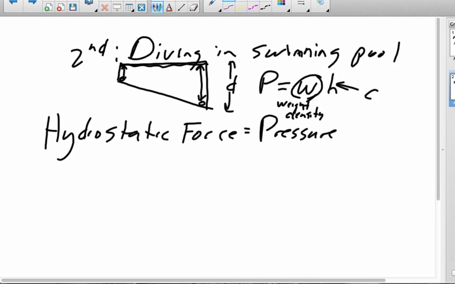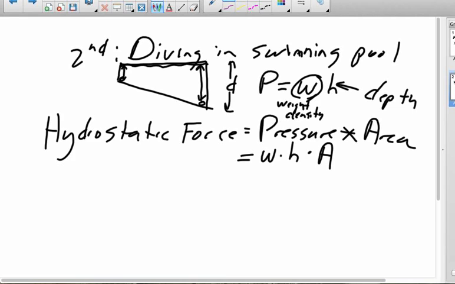So H is our depth. So hydrostatic force is going to be equal to pressure times the area. So a bigger area means you're going to have more force. The hydrostatic pressure would be the same, but if you've got more area, then you're exerting more force on it. So ultimately, this comes down to finding W times your depth times your area.